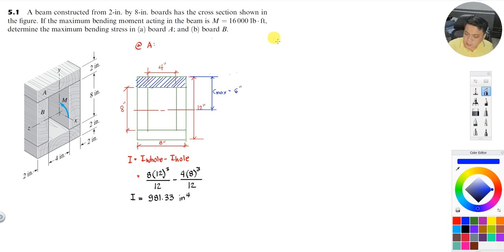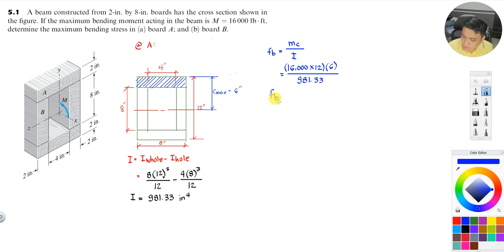Next, pwede na ako makakuha ng fb. So, that is equals to M c all over the I. So, you can have the M, 16,000. Kaya lang naka-pound feet, so multiply ko yan by 12 para maging inches. And then, I will be having the c, which is 6, all over the I, which is 981.33.